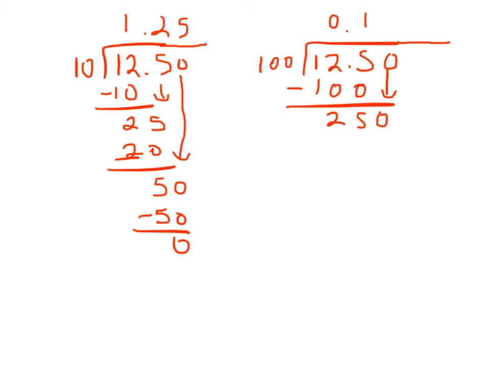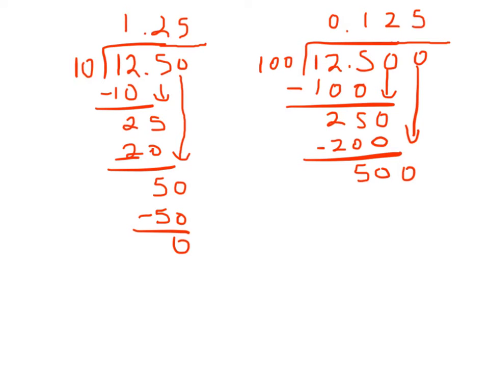We'll elongate that line. 100 will go into 250 2 times, so that'll be 200. That equals 50. I'm going to have to add another 0 here to bring down, and 100 will go into 500 5 times. So again, you can see that this number here is exactly the same as in here, but the decimals have moved.